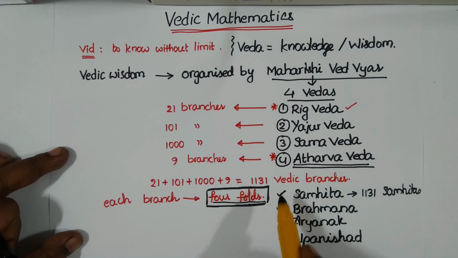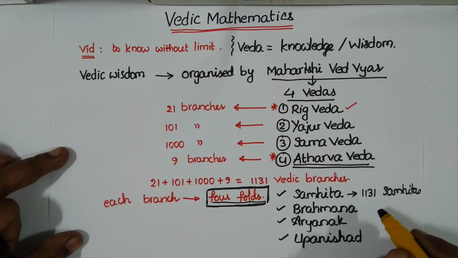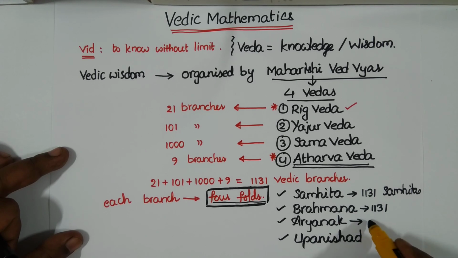Because each and every Vedic branch has 4 folds: Samhita, Brahmana, Aranyaka, Upanishad. That means we have put together 1131 Samhitas and 1131 Brahmanas and 1131 Aranyakas, and finally 1131 Upanishads.